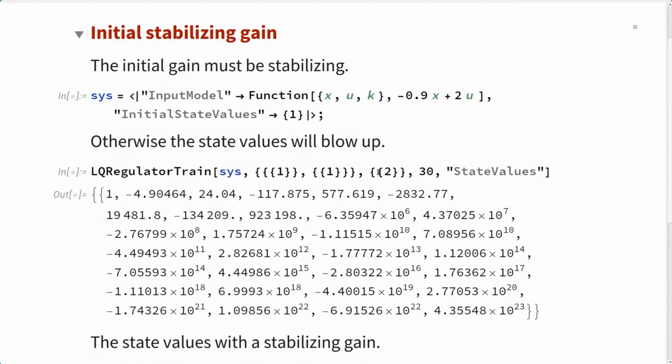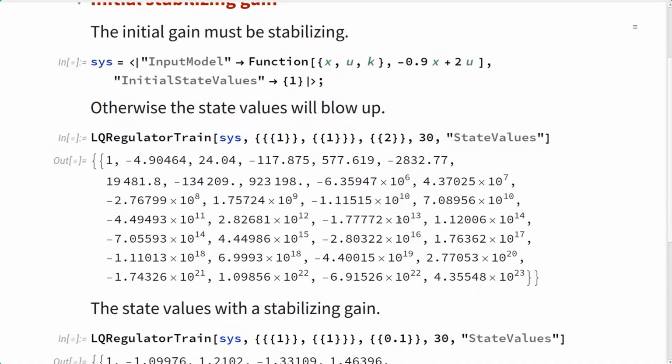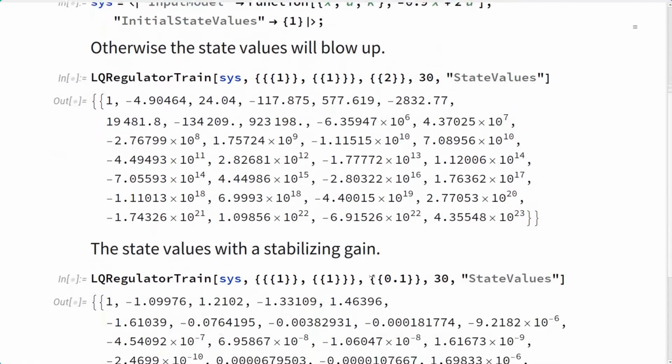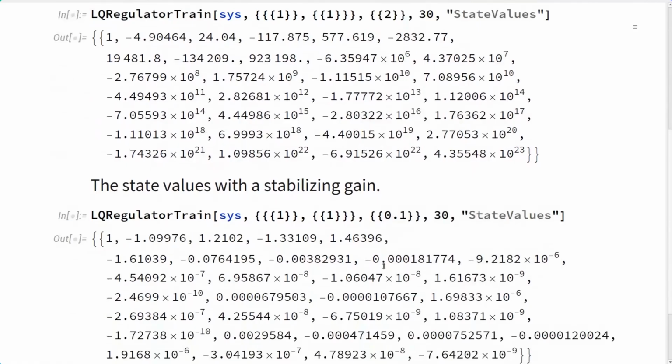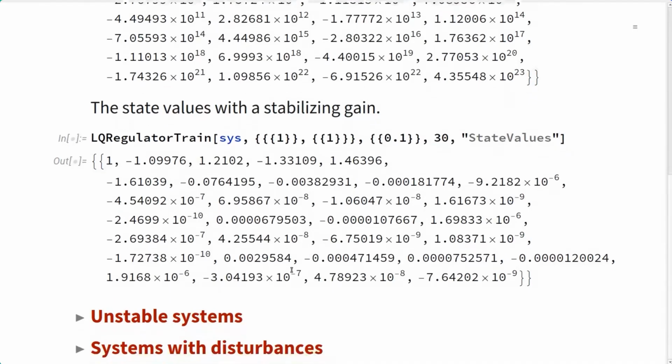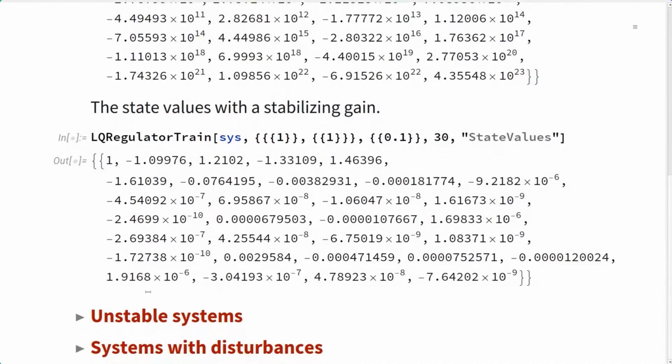So it's very important that the initializing gain should stabilize the system. That choice of initial gain is very important. Once we give that initial gain correctly, then we see that in fact the system regulates it and brings it back to the origin.